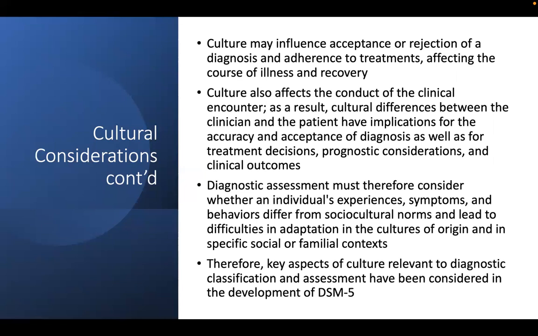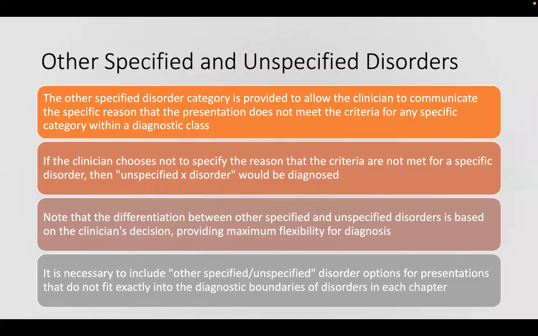So the DSM does include cultural considerations in each of the diagnoses. These are important pieces of information for you to get familiarized with, not only in the DSM-5, but also in the DSM-5 text revised. So going back to, I mentioned this last week, the other specified and unspecified disorders.